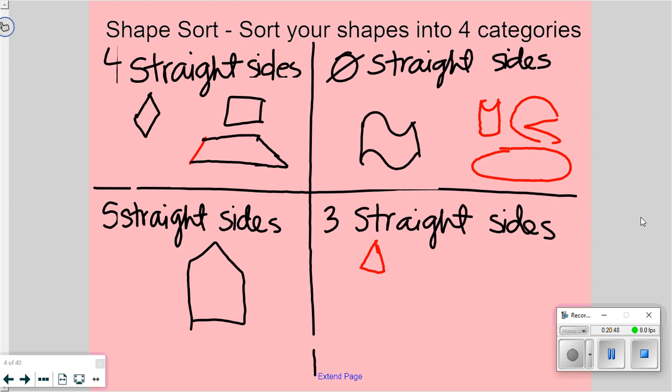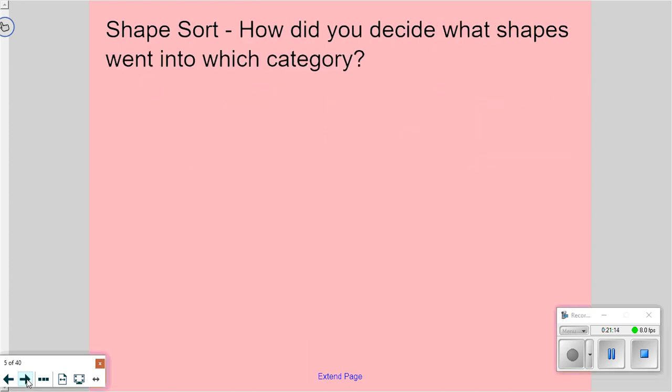Why does it not go in any category, Mackenzie? It has 6 straight sides. Do I have a category for that? No. Can I just stick it in a different category? No. Tricky.